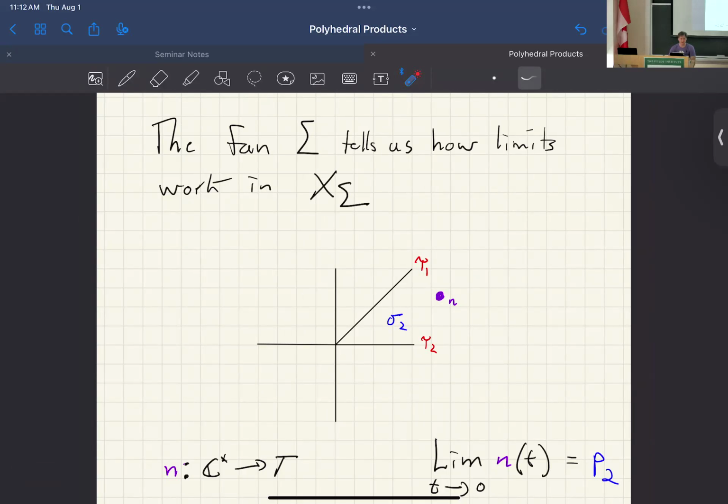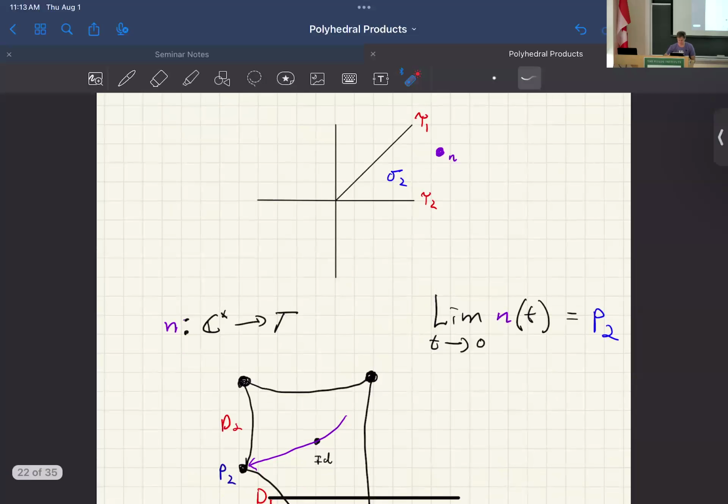So if you pick a co-character from a face of the fan, sigma 2 in this case, what you know is that the limit of that co-character, remember this is a curve, will lie in the orbit corresponding to that face. That's what the fan tells you. So in particular, if I pick N, it lives in this face sigma 2.